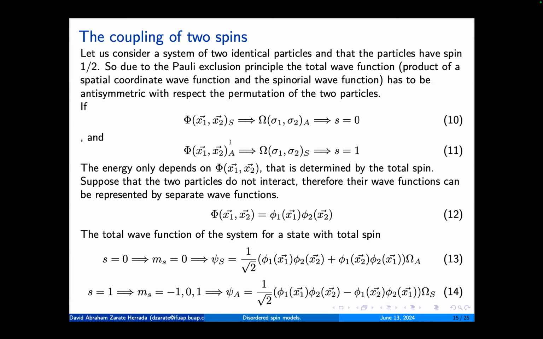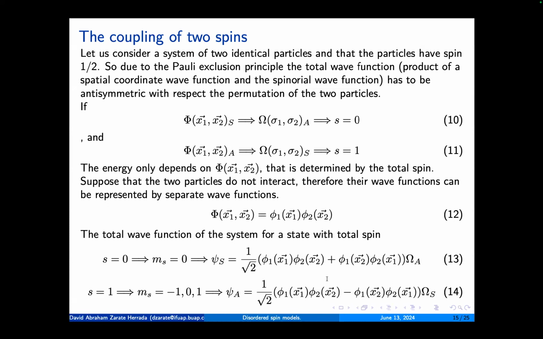We know that when we solve the Schrodinger equation, the energy only depends on the wave function that has the information about the coordinates. And if we don't consider interaction between the particles, we can split our wave function for these two particles into the product of these two new wave functions.